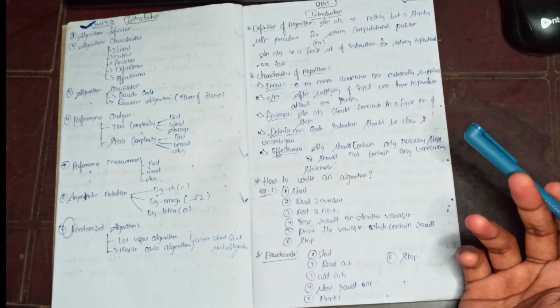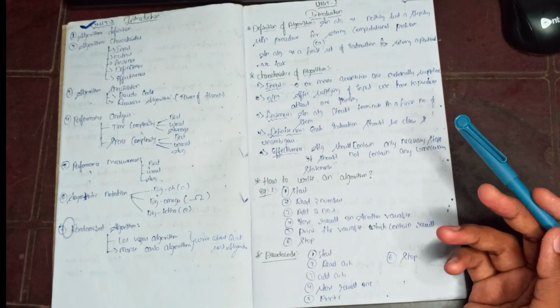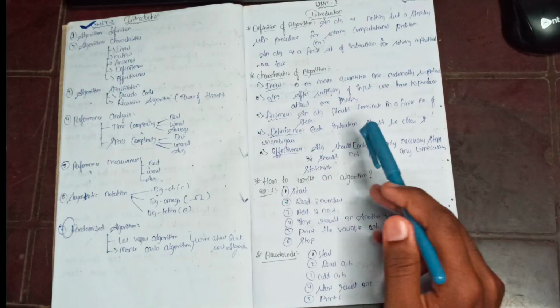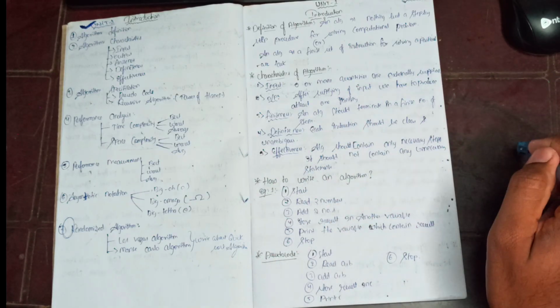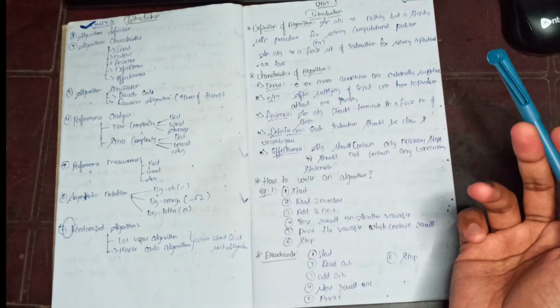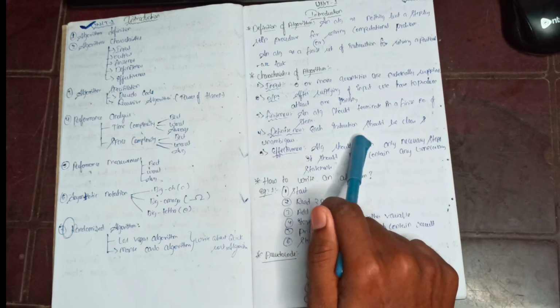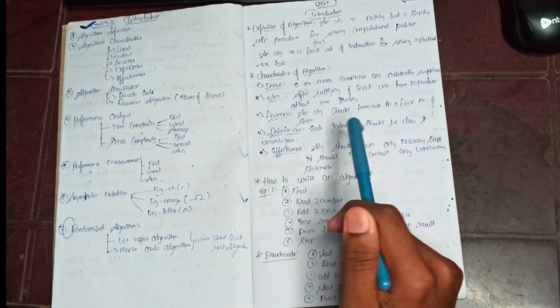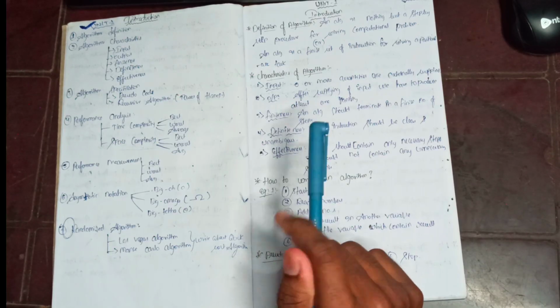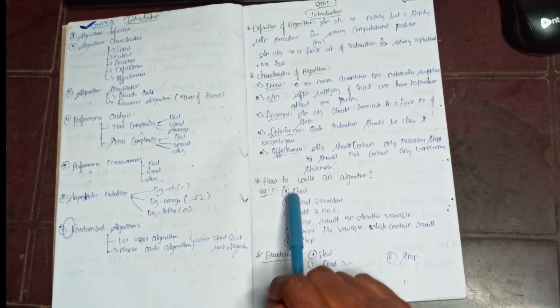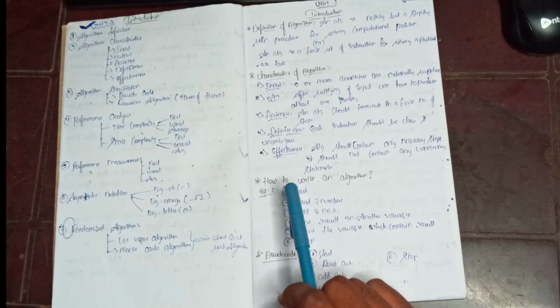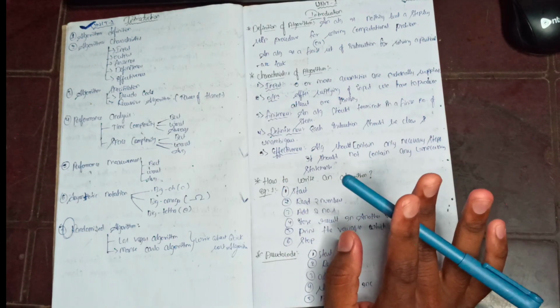Like your mother sent you to the market, but you have gone to the market as well as the temple. So that is ambiguity, right? For a single input different outputs are generated, so that is ambiguity. But an algorithm should be unambiguous. If you are ordered to go to the market, you have to go to the market only, right?